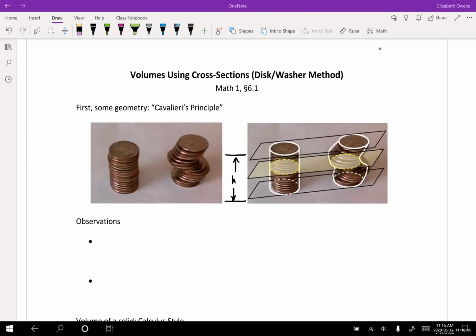So if I asked you about the volume of these two stacks of pennies, and said like, okay, which one has a greater volume? The one on the left, the one on the right, or neither? What do you think? Which of these has the greatest volume? Left, right, or they're the same? You can stick an answer in the chat there.